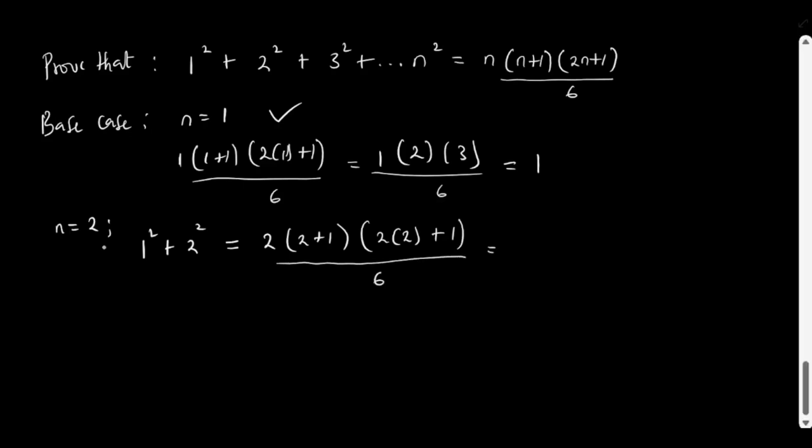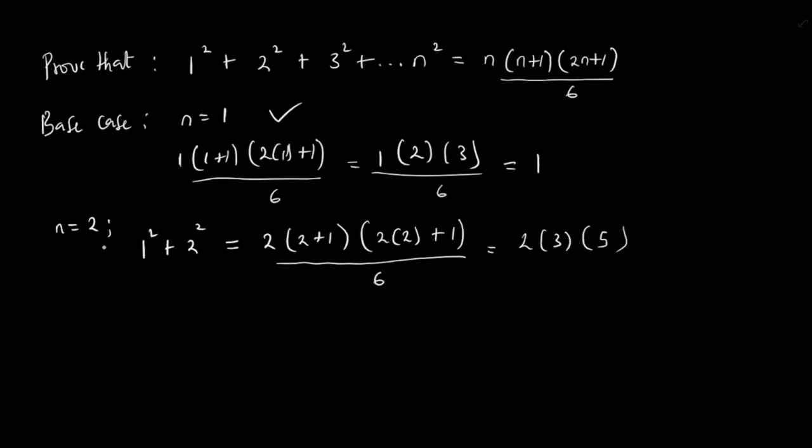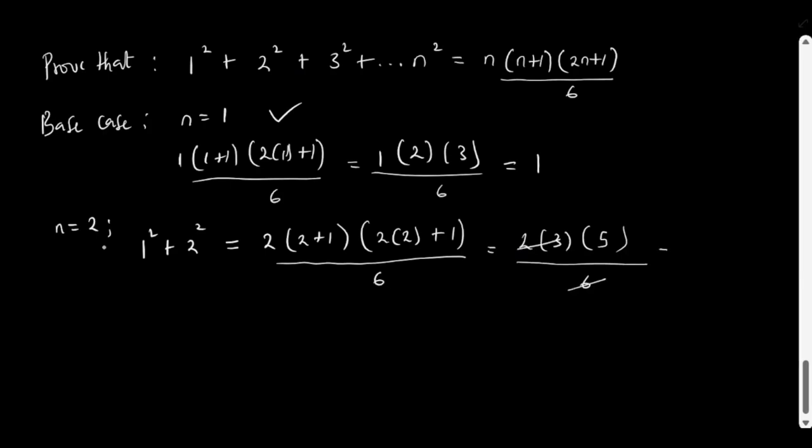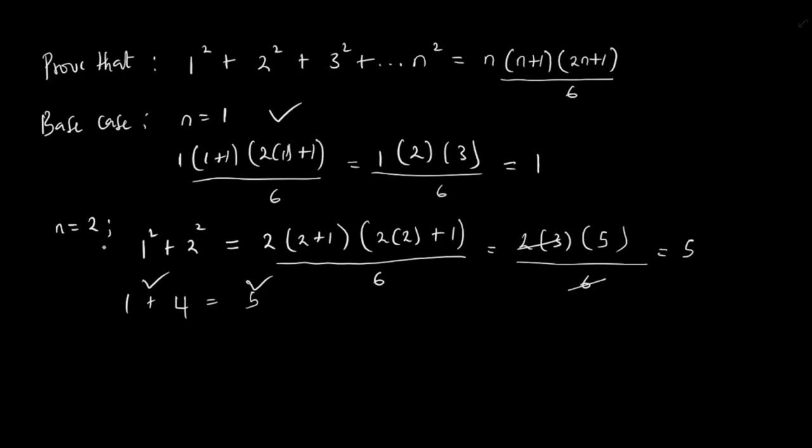So 2 times 2 plus 1 is 5, over 6. 2 times 3 is 6, so 6 cancels out 6 here. This gives 5. So 1 squared is 1 plus 2 squared is 4 equals 5. So the left hand side equals the right hand side. So it is true for n equals 2.